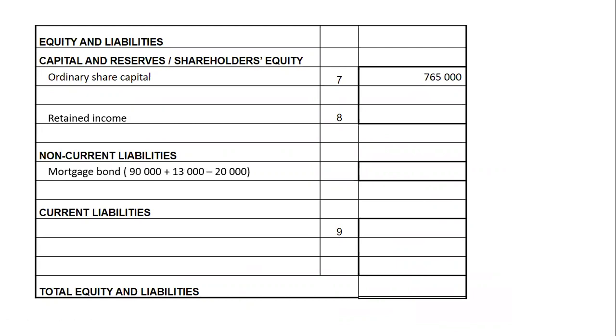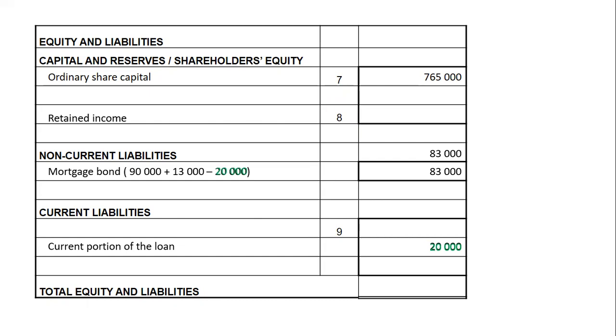So I'm going to have the loan, which will be 103, minus 20,000, or you can simply put it as it is, which is 90,000 plus 13,000 minus 20,000. Please note that the 20,000 qualifies to be the current portion of the loan, which will be recorded under current liabilities, or you can include it under note number 9, but preferably show it on the face of your statement of financial position.